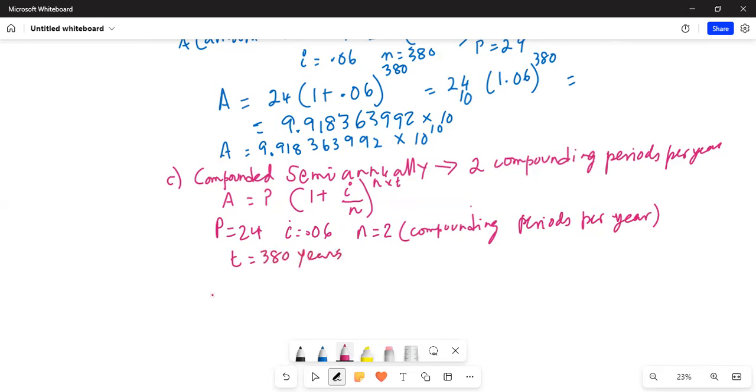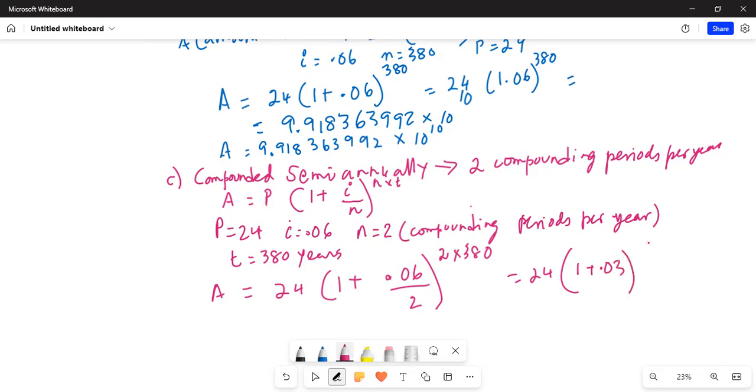Okay, so now A is equal to 24 times 1 plus I, which is 0.06, divided by 2 compounding periods per year, with exponent N times T. N is 2 compounding periods per year multiplied by 380, so it is 24 times 1 plus 0.06 divided by 2, which is 0.03, and 2 times 380 is 760 as the exponent.